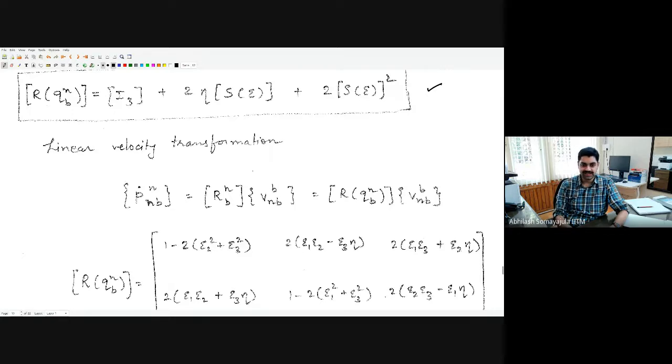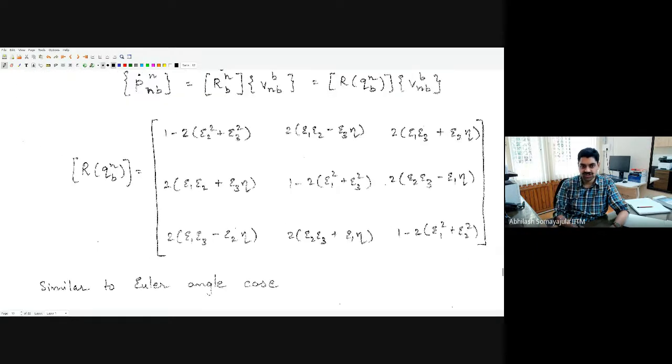Now, only thing here is that this rotation matrix, which was previously characterized using the Euler angles, we are now going to express that with respect to the quaternions. And by using this above expression, which we have here, we can expand these terms out and we can see that that rotation matrix comes out to be 1 minus 2 times epsilon 2 square plus epsilon 3 square, so on and so forth. You see that this is the terms which you get out. Is that making sense?